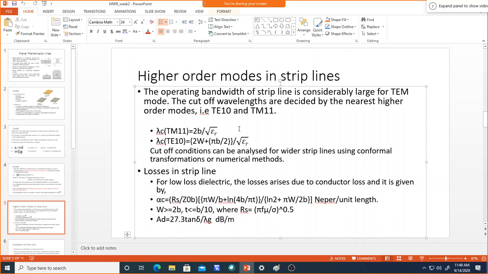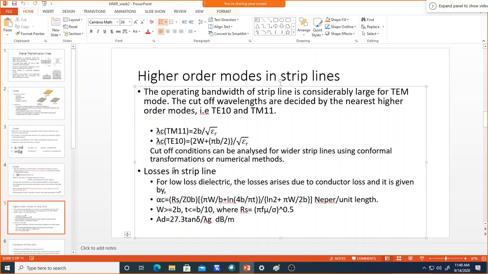And as I said, the characteristic impedance is derived for the non-zero thickness strip line using conformal transformation techniques. In a similar way, the cutoff wavelengths can also be derived using this technique, or even numerical methods like FEM based methods or method of moments.